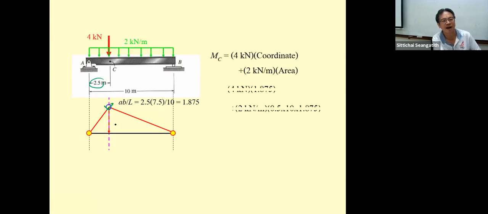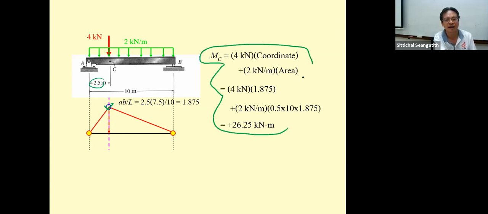So we have the M sub C in this way. Okay, and then whether it is the previous slide or this slide, I just ask you to go back and draw the shear diagram and draw the influence line diagram based on what we have here, not based on the statics.